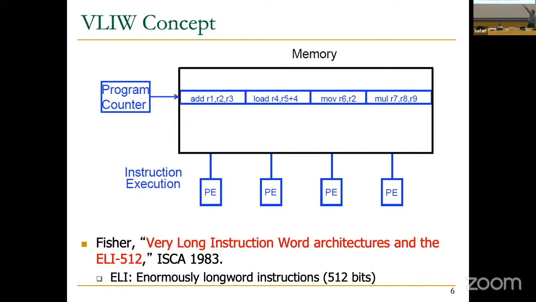The compiler packed them together in memory, and the compiler ensured that these instructions have no dependence on each other, so they can be executed completely concurrently without the hardware doing anything other than executing them. In fact, the compiler also knows the structure of the hardware, such that it knows that, for example, this processing element in hardware can execute loads.